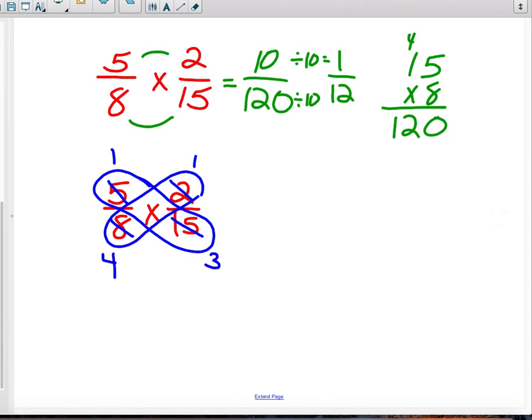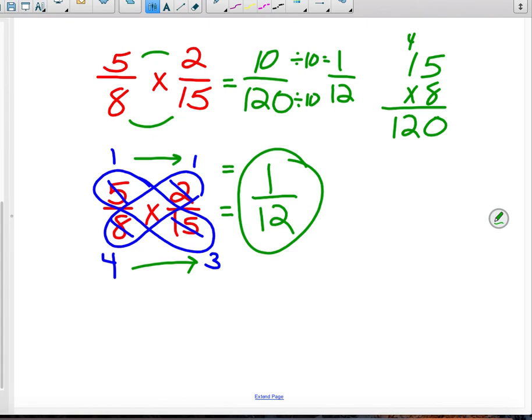And now when we multiply across, you'll see that 1 times 1 equals 1, and 4 times 3 equals 12. And so we end up with a simplified answer right when we need our answer.